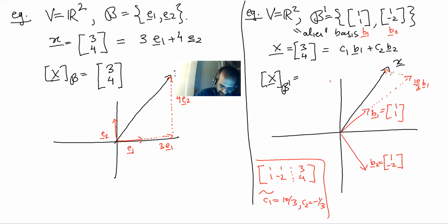Sorry, that doesn't look very good. And the point is, these are two perfectly valid ways to describe that same point x. Okay, so these are different descriptions of the same vector.